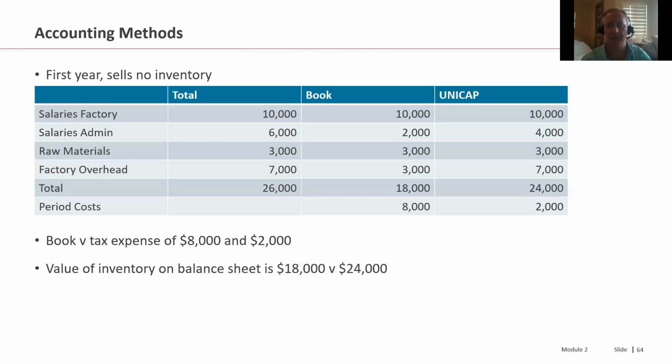So as a result, my total inventory cost is 24,000. My period cost is only 2,000. So I have a book tax difference. For those of you that have taken Professor Machado's course, you know, I have a temporary difference of $6,000. And the difference is in my balance sheet. The inventory for book purposes says I have 18,000 of inventory. Inventory for tax purposes says I have 24,000 of inventory.